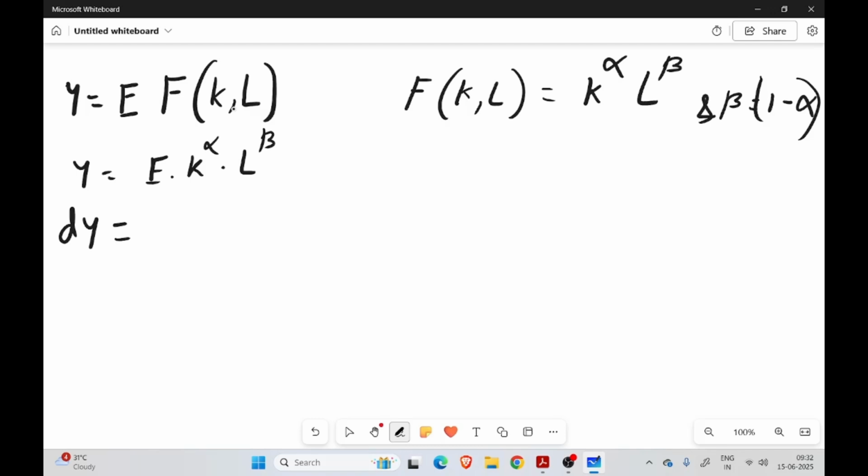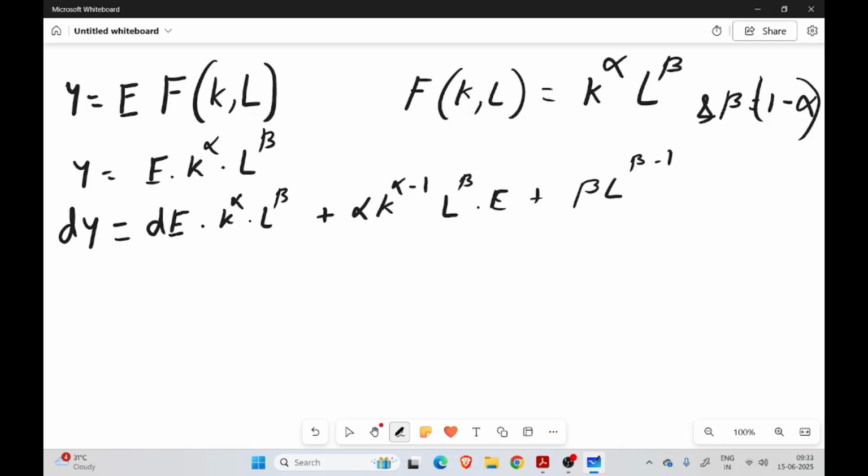Basically, we first differentiate with respect to E keeping the others constant, then K keeping the others constant, then L keeping the others constant, and all are summed together. Differentiating, we get dY is equal to dE into K to the power alpha into L to the power beta, plus alpha K to the power alpha minus 1 L to the power beta into E into dK, plus beta L to the power beta minus 1 into dL into K to the power alpha into E.